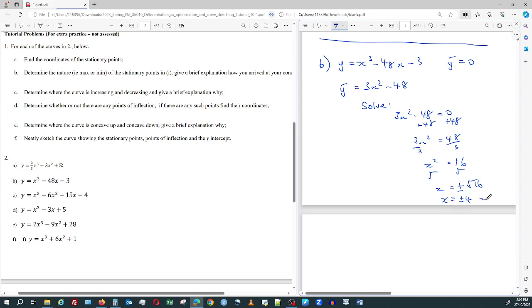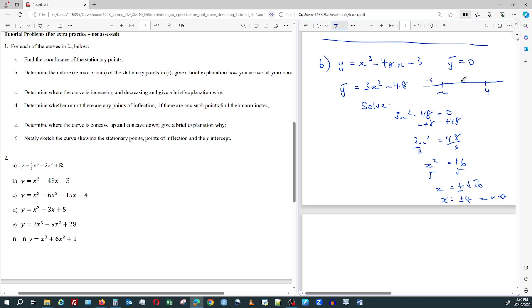So at those locations, m is equal to 0. That's what we think. Okay, m is equal to 0. So if we go along and do a little bit of checking, we've got a -4 and a +4, and m is 0 there.